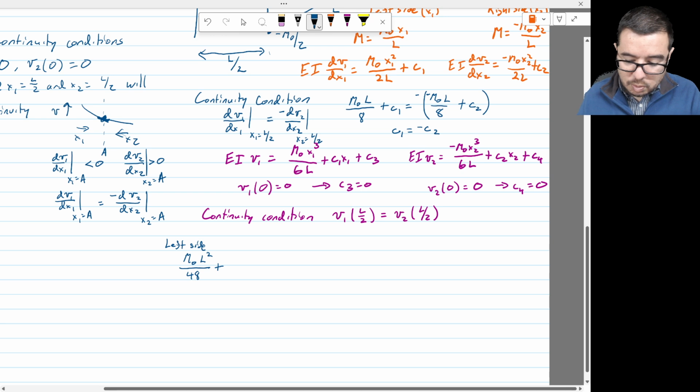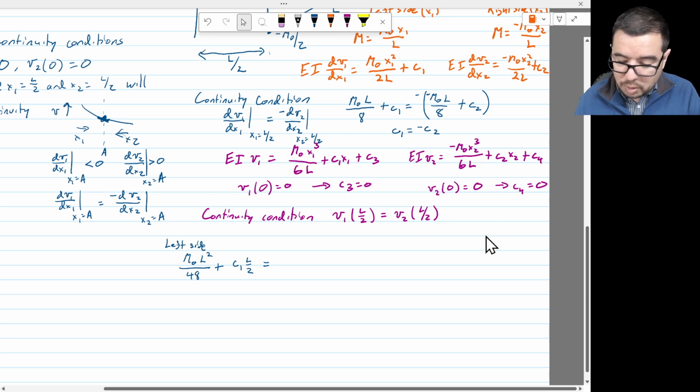Plus, now we have our C1 X1, so we don't know what C1 is, but X1 is L over 2, so we say C1 L over 2, and that has to be equal to the displacement. Of course, we're saying displacement, but we have the EI, and we're canceling that out by dividing both sides by EI. Then we figure out what's going on over here.